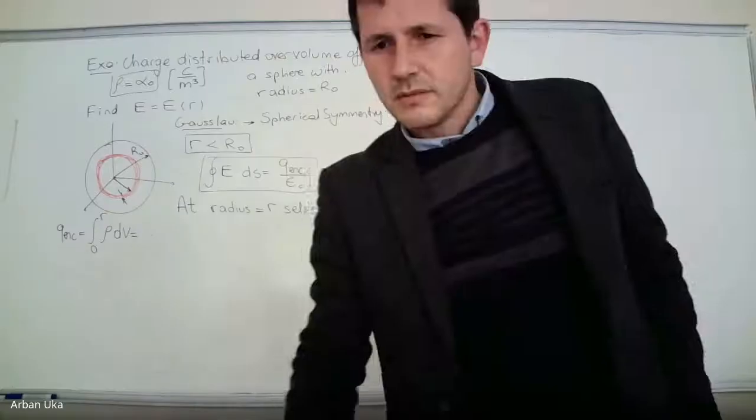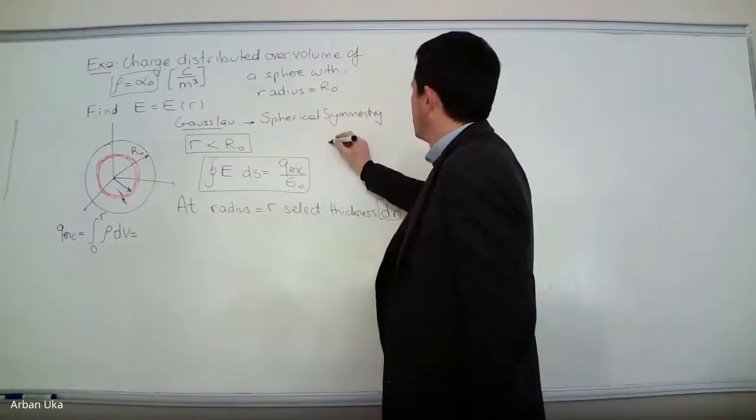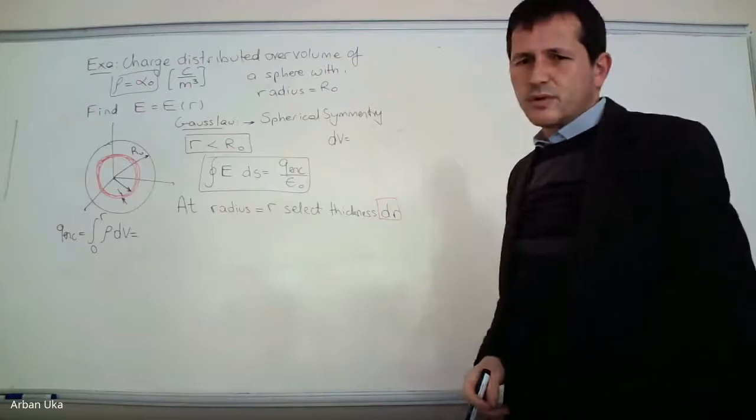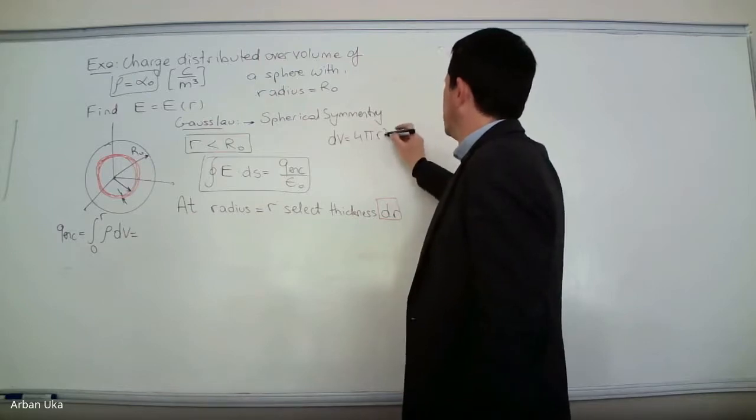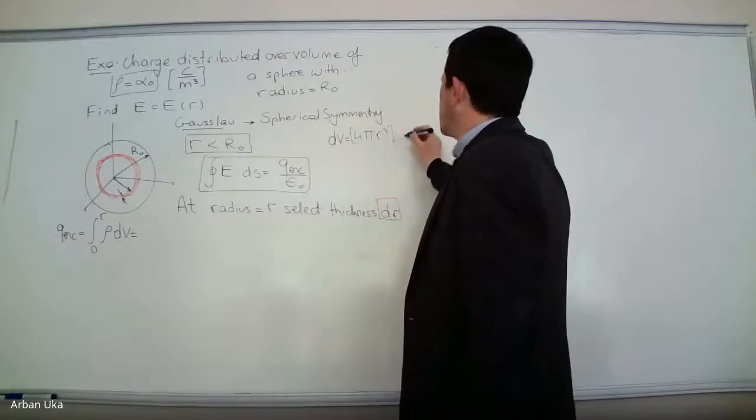It should be the surface area times the thickness dr. Exactly, that's it. So what is the surface area? 4 pi r squared. Yes, times dr. Times dr. That is true.